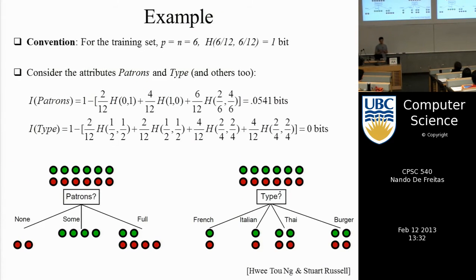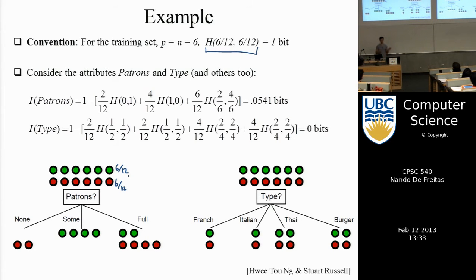Here's a numerical example for the two variables, patterns and type. So first a definition, the entropy. In that case we have 12 customers, 6 are green, 6 are red. So for the root node, we have 6 out of 12 red and 6 out of 12 green.